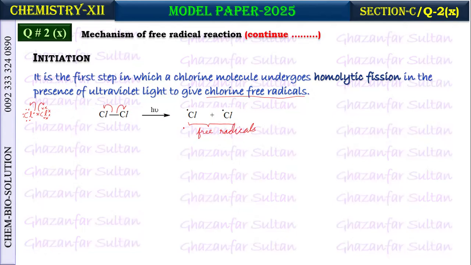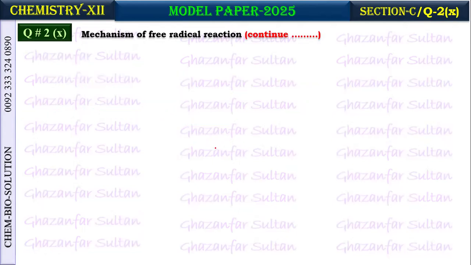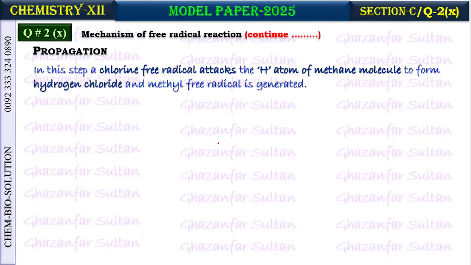Next step is the propagation, where chlorine free radicals attack the hydrogen atoms of the methane molecule to form hydrogen chloride, and a methyl free radical is generated. See, first the chlorine free radical attacks the hydrogen, and as a result, homolytic fission occurs, where one electron goes to one atom and another electron goes to the other atom.